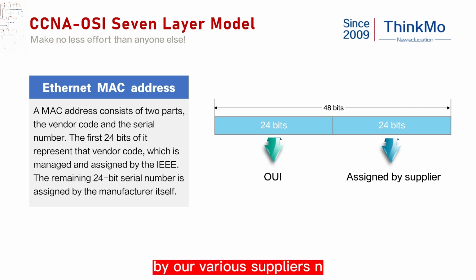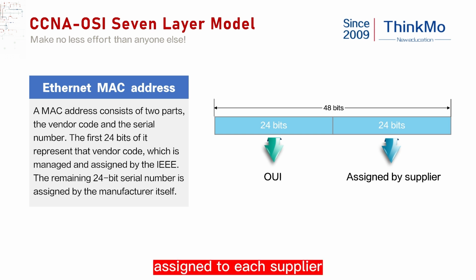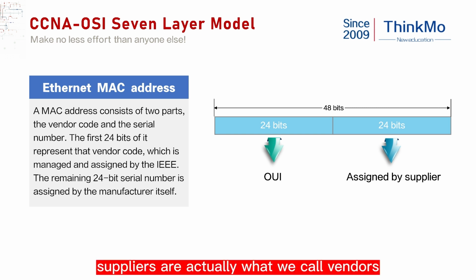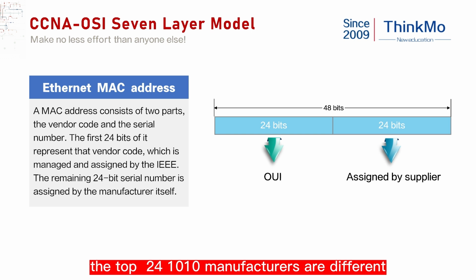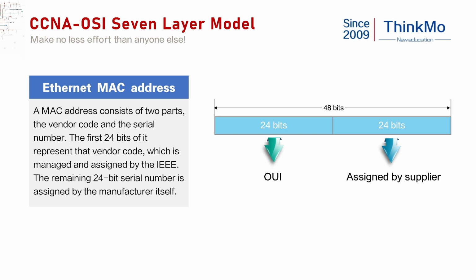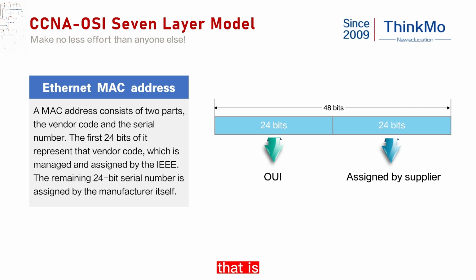The first 24 bits are assigned by a management organization such as the IEEE to each supplier, what we call vendors, so the top 24 bits differ between manufacturers. Then the last 24 bits are determined by the vendor, that is, the manufacturer allocates them.